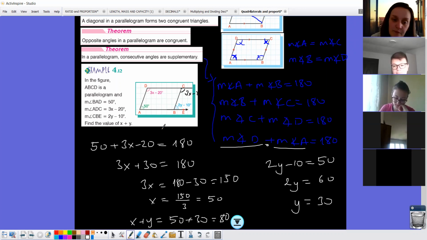You can write that this part is 180 minus 2y minus 10, and then you can add and find y. There are lots of ways to find it. Which one is easier for you? You can use that one.